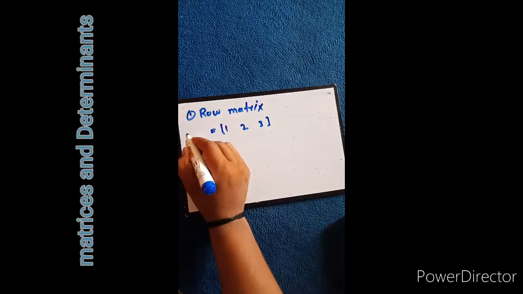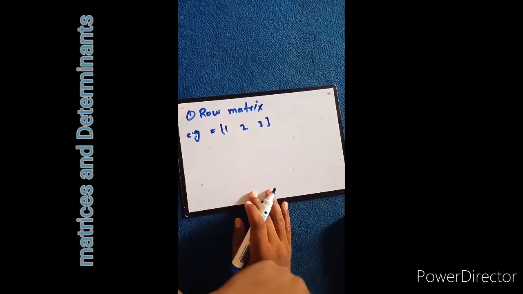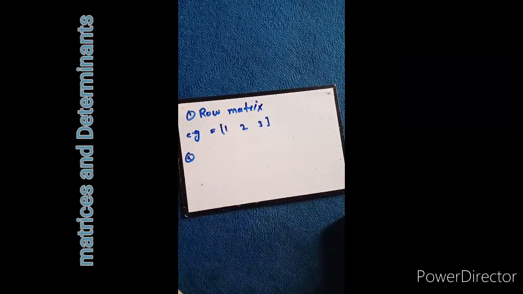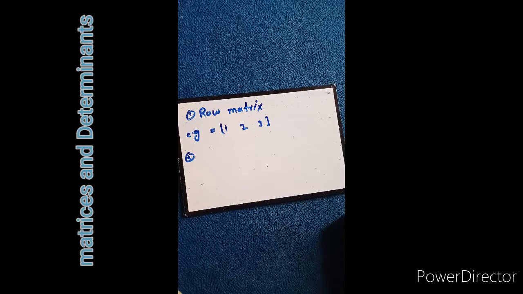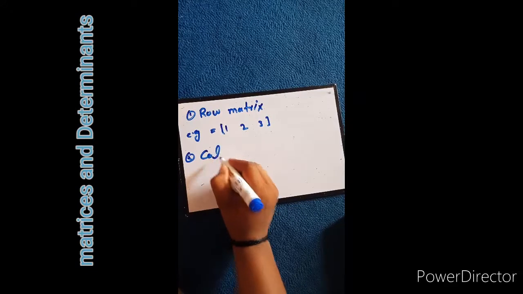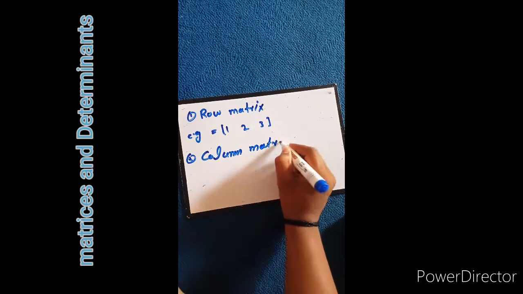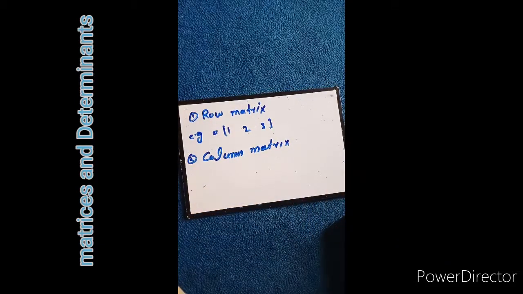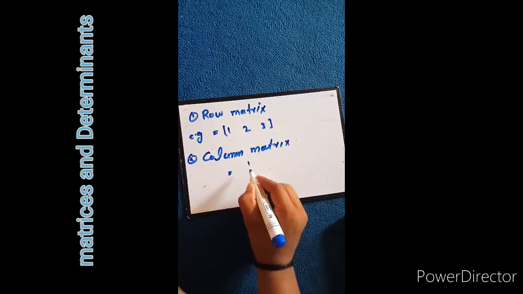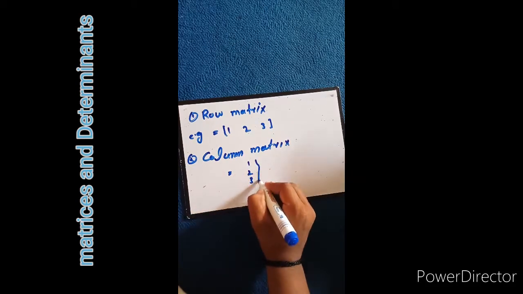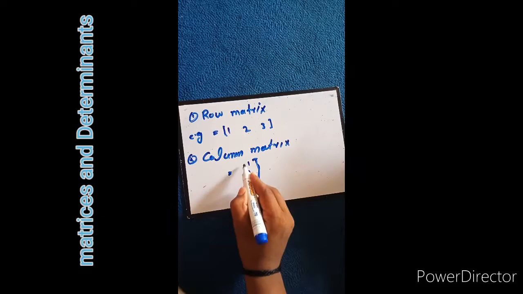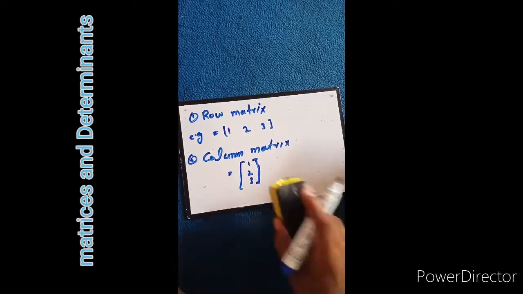This is called a row matrix. This is an example of a row matrix. The second one is the column matrix. It includes 1 2 3. This is called a column matrix.